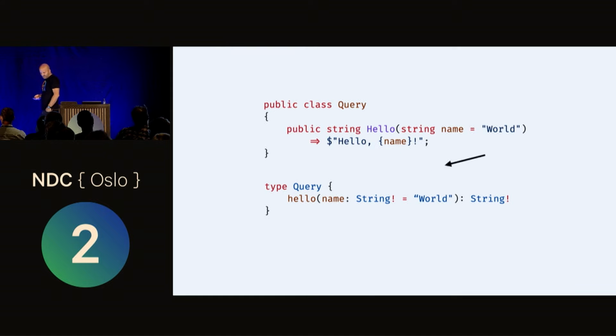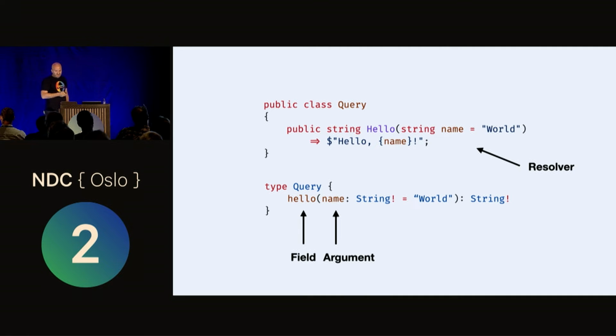Okay. And if we look at the GraphQL type here, the hello, we call that the field on the GraphQL type, and a field is like a method or function in C#. And fields can have arguments, just like methods, and also default values. In fact, GraphQL can even have objects as default values, so it can do more than C# in that regard.